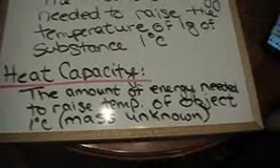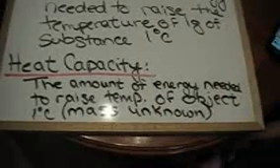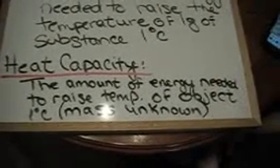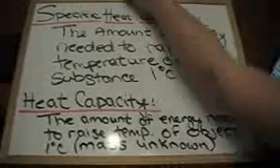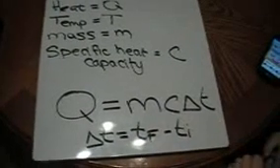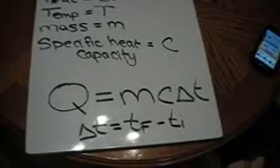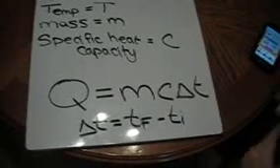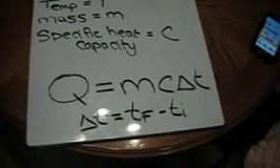And for heat capacity, the mass doesn't have to be known. If C is about 1 gram being raised 1 degree Celsius, then delta T is also in degrees Celsius.